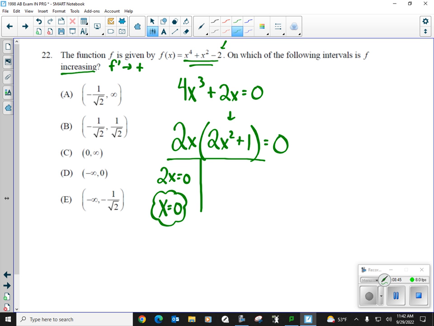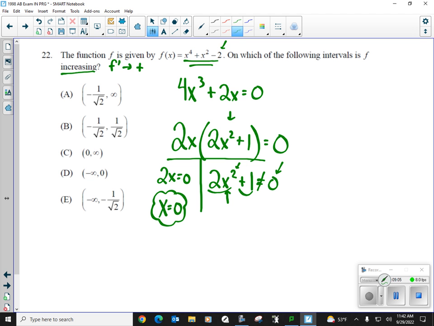And guess what? This will never equal 0, okay? How come? It doesn't matter what value I put in here. When I square it, it's positive. When I have a positive value and I add it to 1, it will never go down to 0.